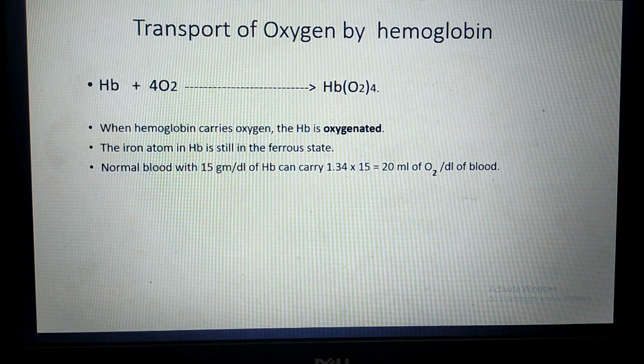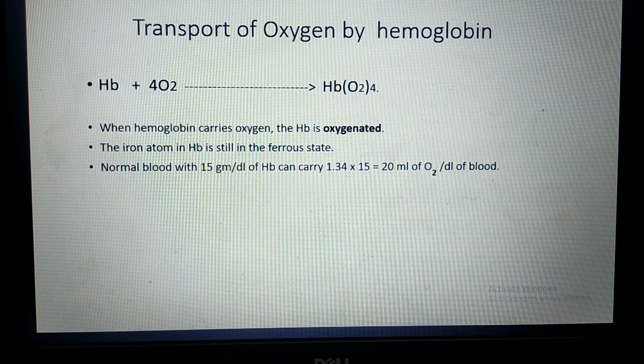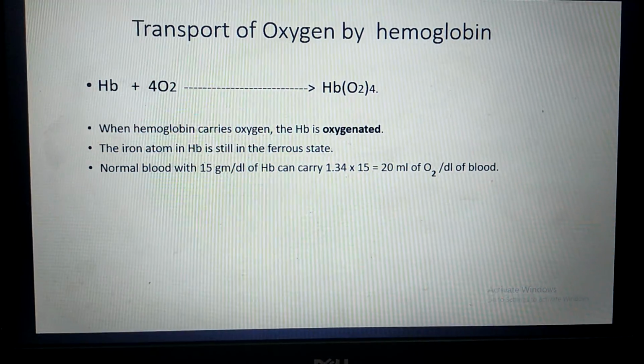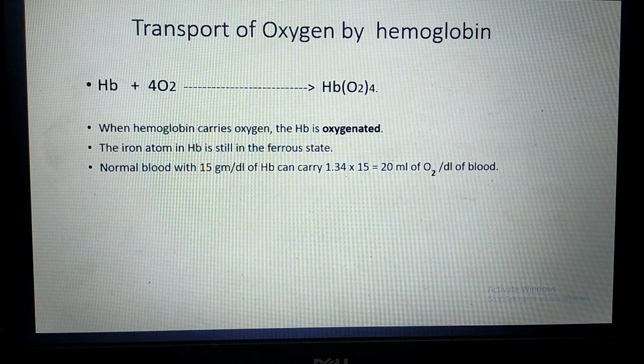The next function of hemoglobin is transport of oxygen. Each hemoglobin molecule, which has 4 subunits, combines with 4 oxygen molecules, which is also called oxygenated hemoglobin. Iron is present in the ferrous state.